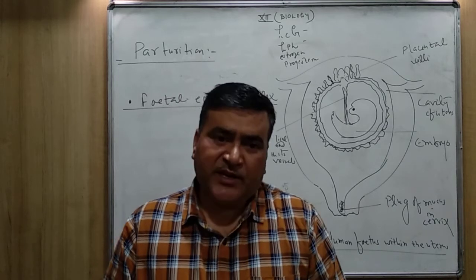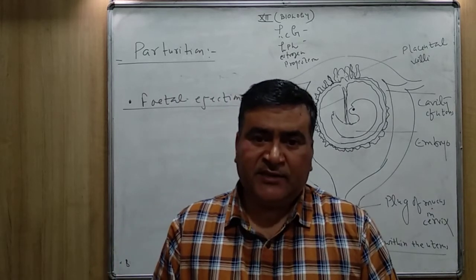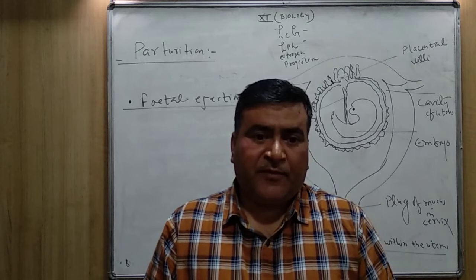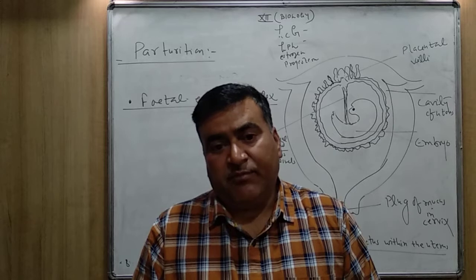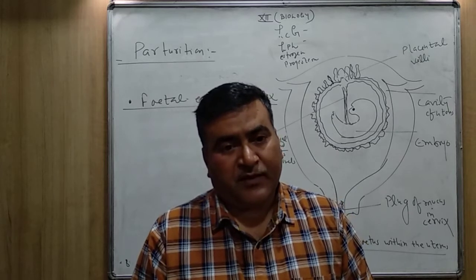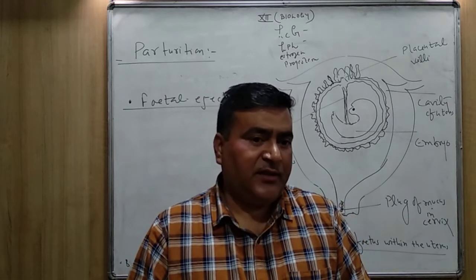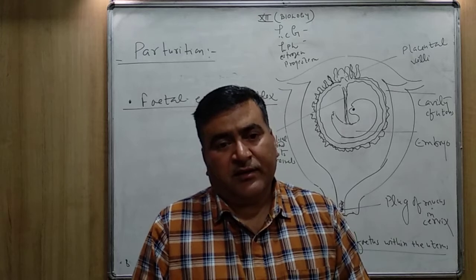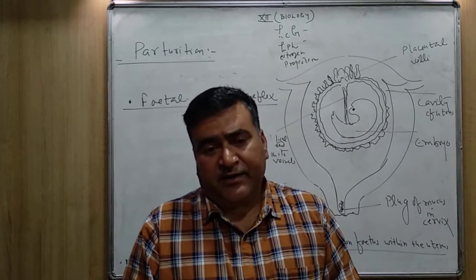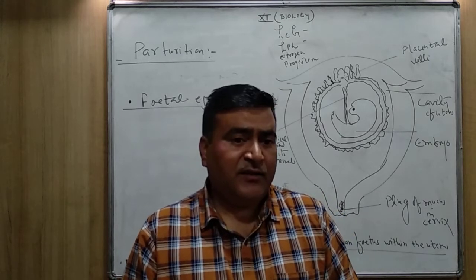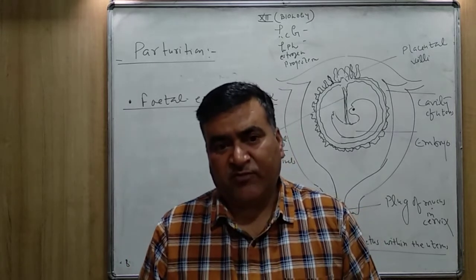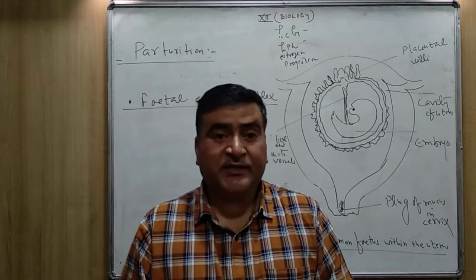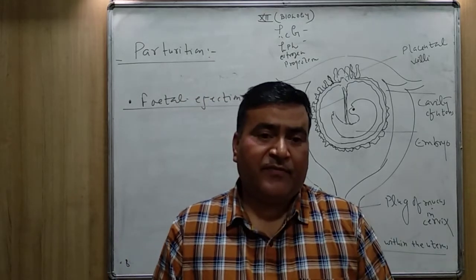During pregnancy, the mammary gland starts producing milk, and after childbirth, the milk is ejected from the mammary gland in the presence of oxytocin. Here oxytocin hormone is also responsible for the ejection of milk.